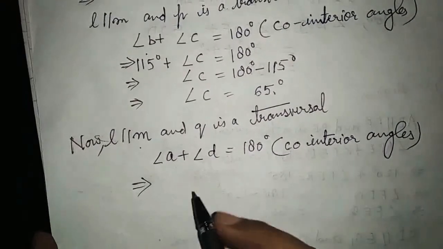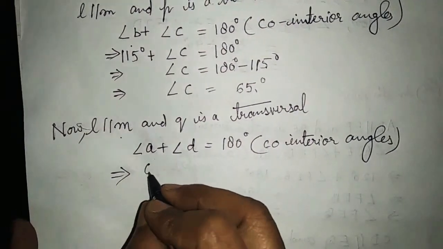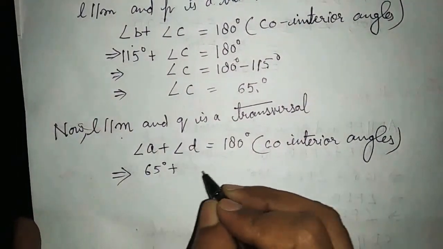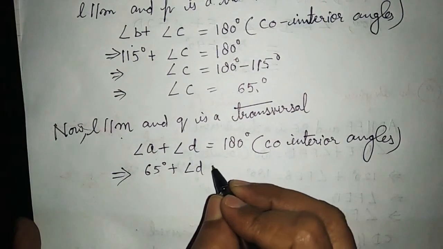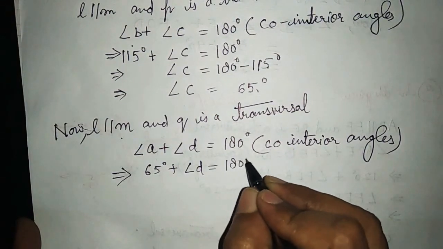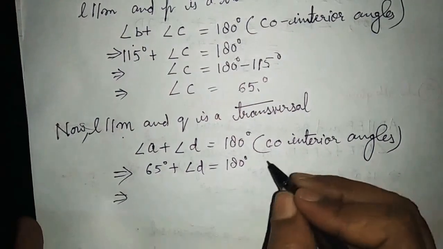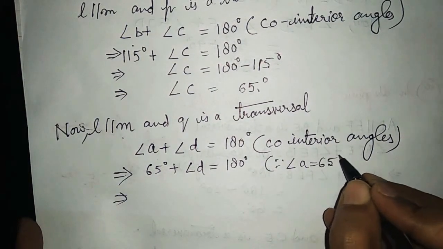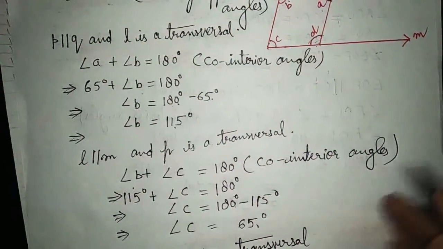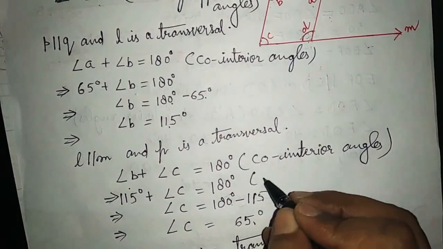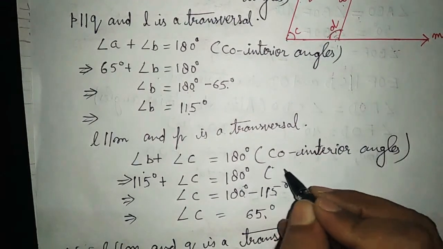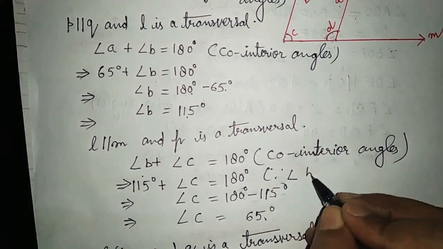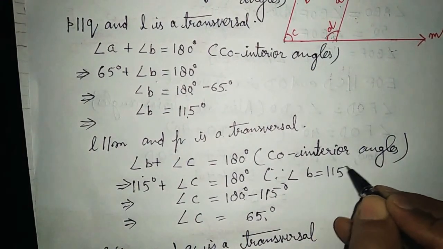So we will write here 65 degrees plus angle D is equal to 180 degrees, and here in brackets we will write since angle A is equal to 65 degrees, and here also we will write since angle B is equal to 115 degrees.